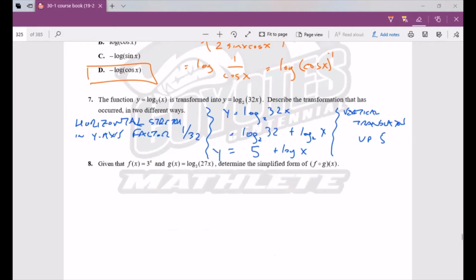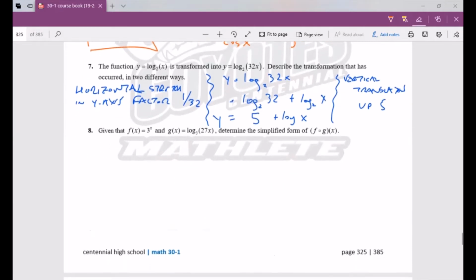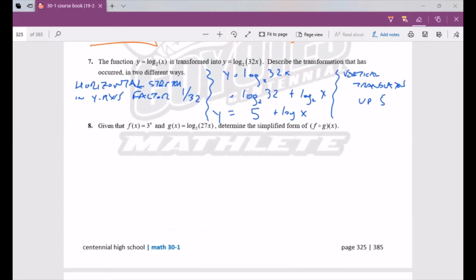All right, last one, number 8. So again, with this theme of incorporating stuff that we've done earlier in this course, given that f of x is 3 to the x, and g of x is log 27x base 3, describe the simplified form of f circle g of x.